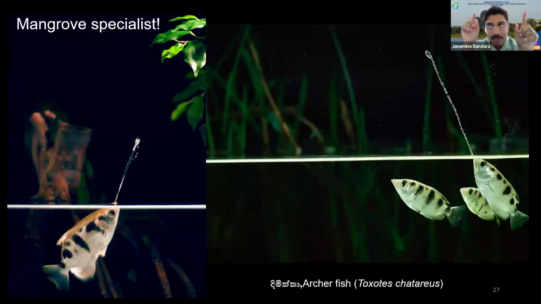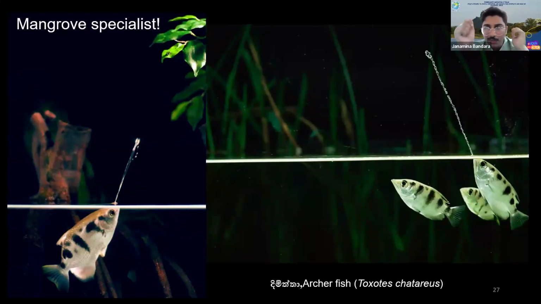Yeah. Speaking of mangroves and estuaries, you cannot miss this fish. This is a really beautiful fish to watch, which is the archerfish, the Dimitta in Sinhala. Toxotes is the genus name, and there are a number of species, but in Sri Lanka there's only one species. So one particular ability makes this fish a mangrove specialist. What is it?